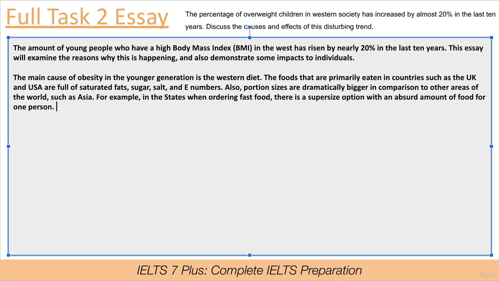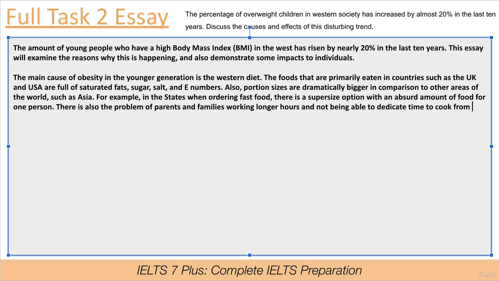Okay, so the diet is terrible. The portions are much bigger, and convenience food is often cheaper. There is also the problem of parents and families working longer hours and not being able to dedicate time to cook from scratch.